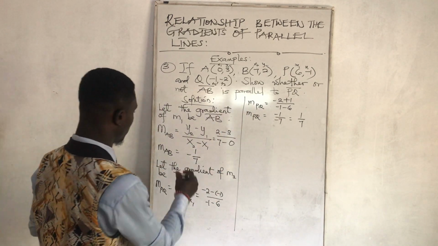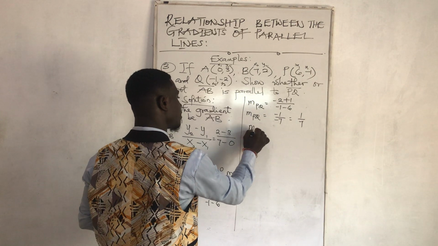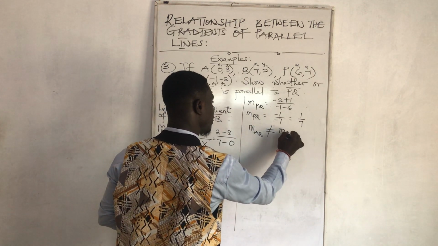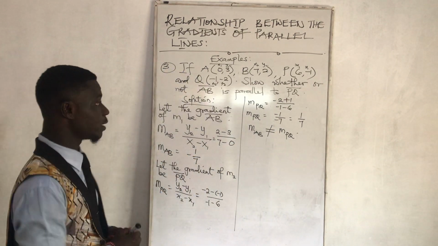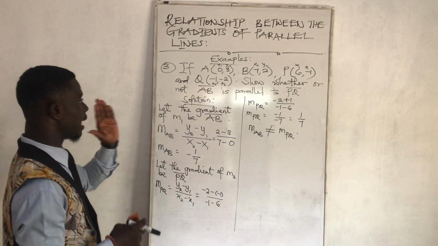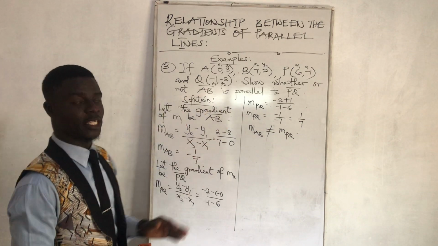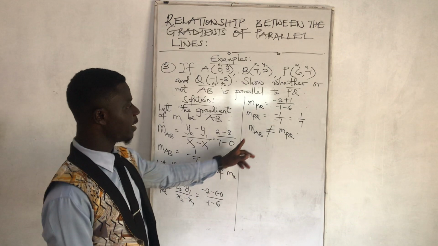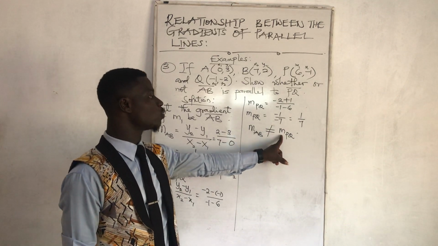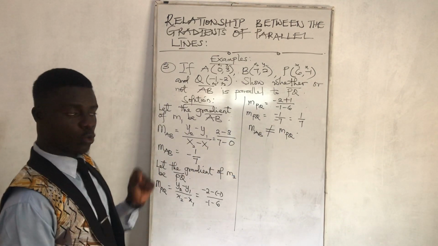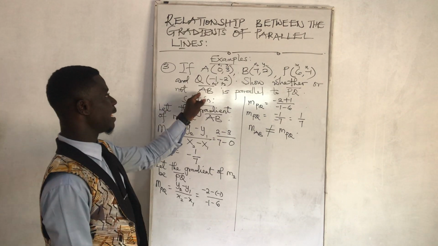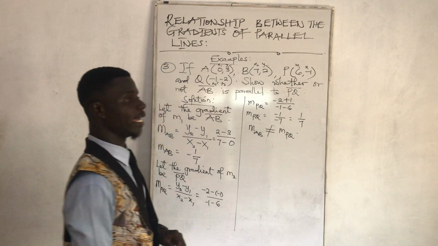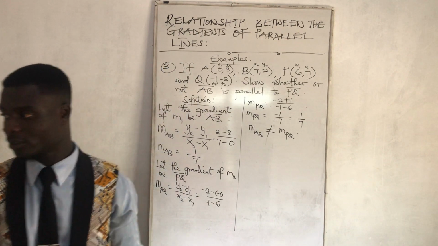So since the gradient of AB is not equal to the gradient of PQ, we conclude that line AB and line PQ are not parallel. So kindly watch it well.